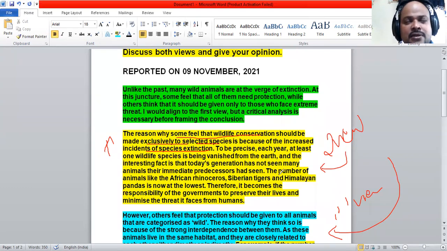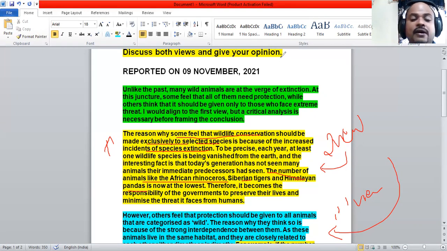Your predecessors have seen many of the animals. For example, the numbers of African rhinoceros, Siberian tigers, and Himalayan pandas are now at the lowest. Therefore, it becomes the responsibility of the governments to preserve their lives and minimize the threats from humans.